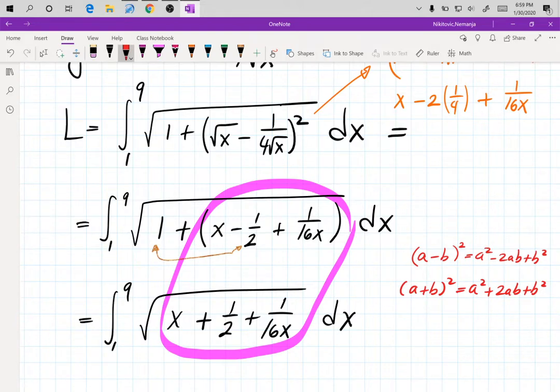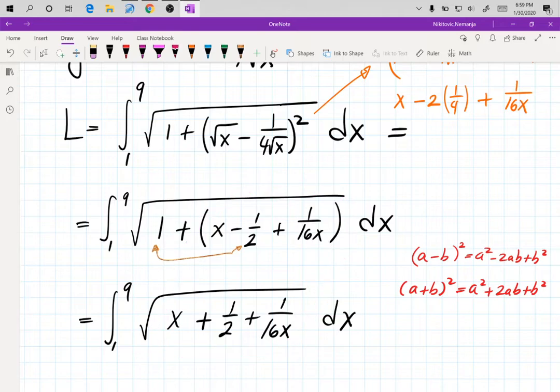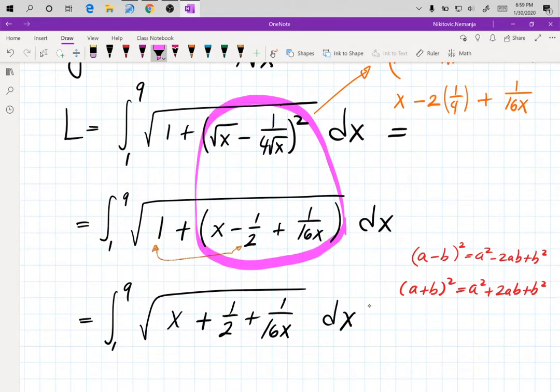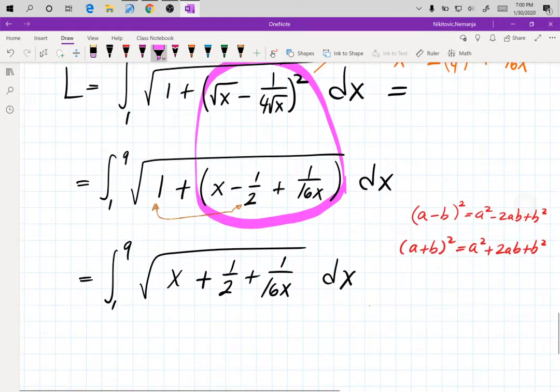Now I really need you to look at this. If the minus 1 came from there, where's the plus 1 going to go? Into the same one, just with a plus, right? And then you will have a square on everything, and that will kill the root, and you can integrate. Magic.